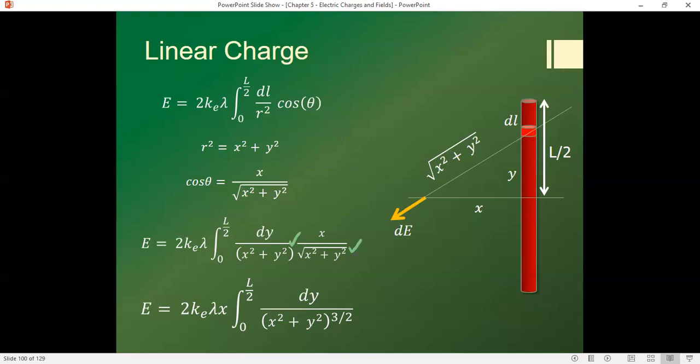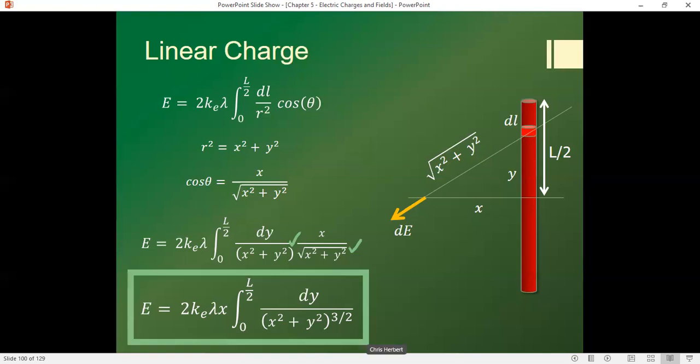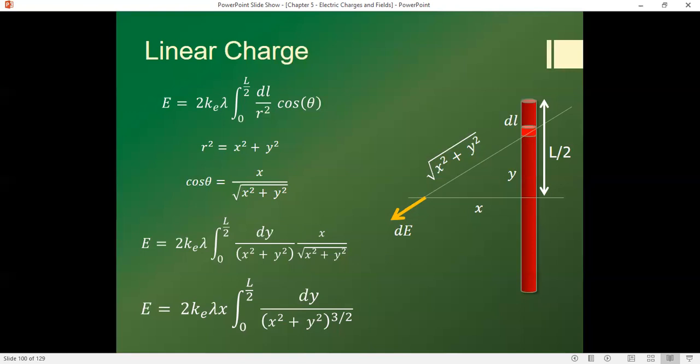That's what the square root is. And 1 plus 1/2 is 3/2. So this becomes the final integral that I'm going to integrate. And you can do a number of things. You can actually integrate this through substitution. You can look it up in an integral table.